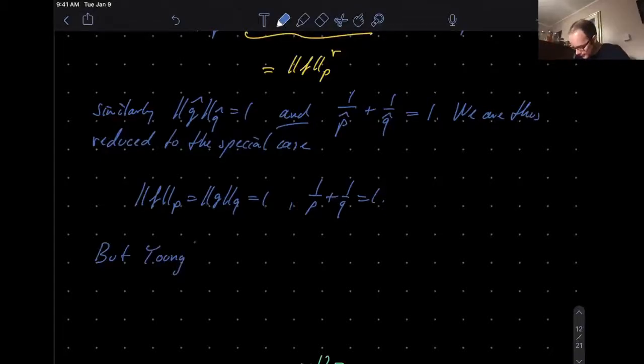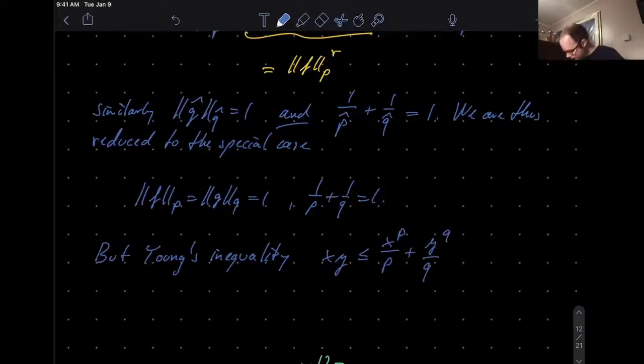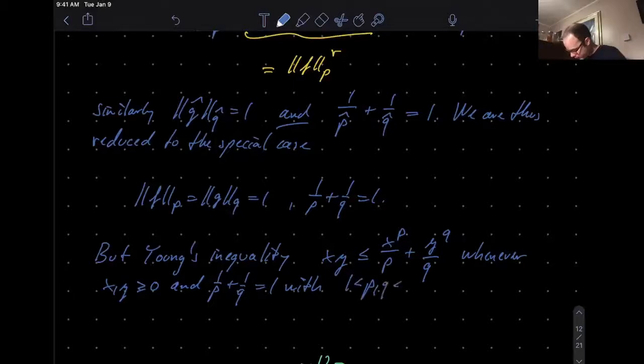This is Young's inequality. This is something that you can prove in calculus. Young's inequality is xy is less than or equal to x to the p over p plus y to the q over q whenever x, y are non-negative and 1 over p plus 1 over q is equal to 1, with 1 < p, q < infinity, so they have to stay away from 1.